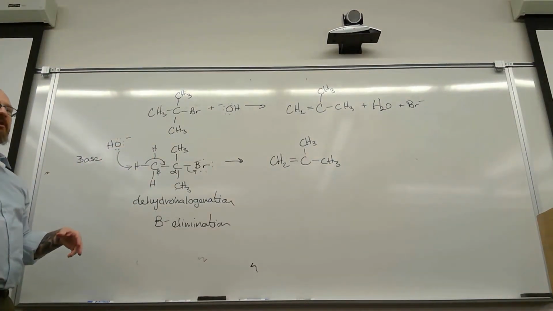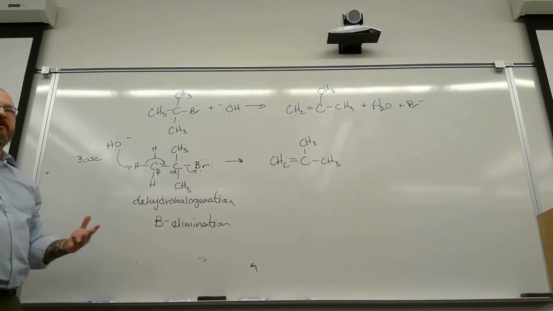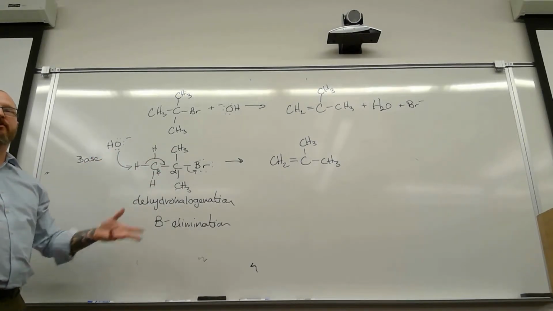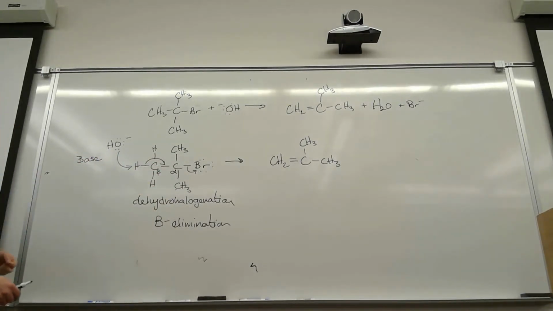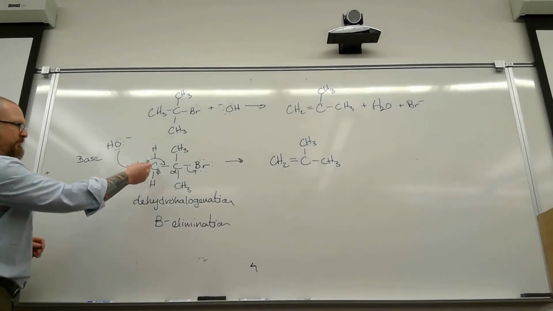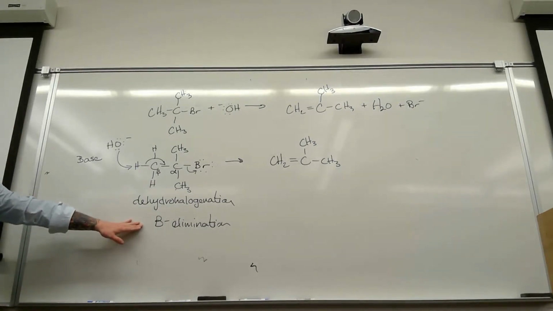So there's lots of opportunity for this to act as a base on any of these positions. And it gives you the same product regardless of which of these hydrogens gets abstracted by the base. Because we are doing a basic attack on a hydrogen bound to our beta carbon, that's why it's also referred to as beta elimination.